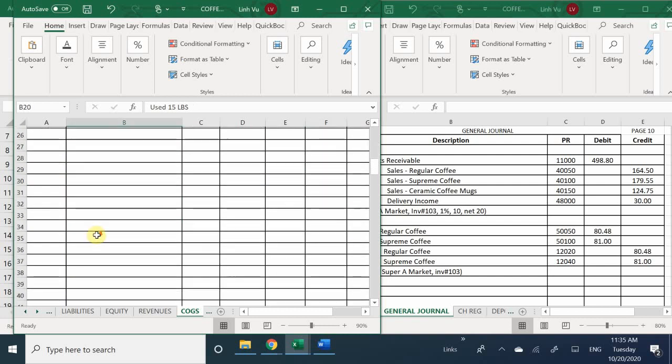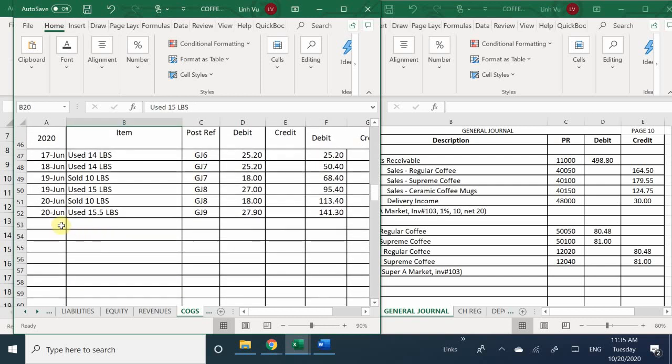Bringing my new balance to 210.72. Right? I'm going to update my cost of goods sold for my Supreme coffee. So here, how many pounds did I sell? 45 pounds. Okay, general journal number 10.